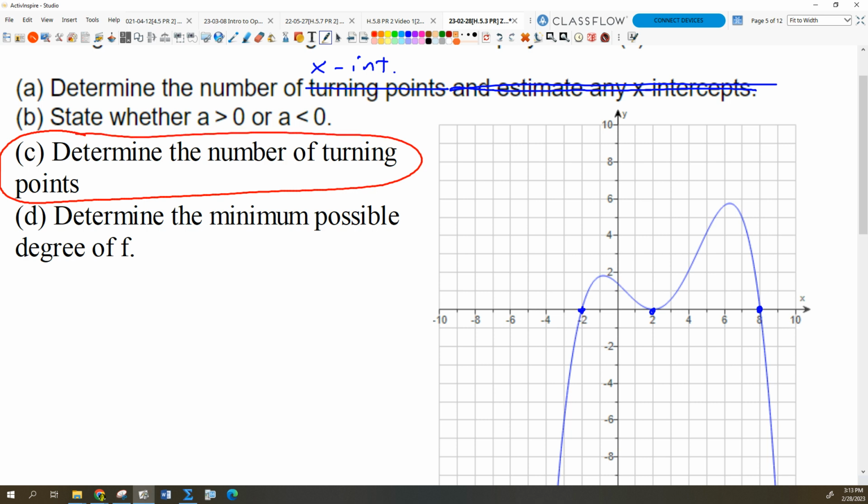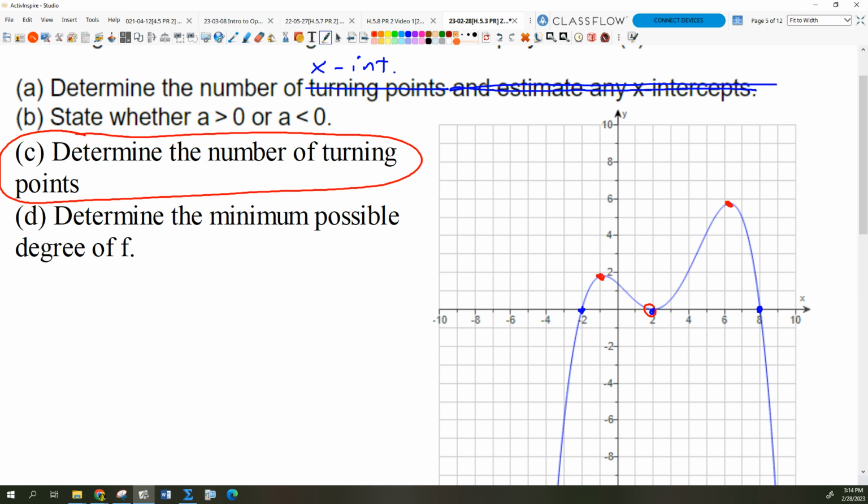What's the number of turning points? Show them with your fingers. Wouldn't you agree there's 3 peaks and valleys? There's a peak, there's a valley, and there's a peak. Okay, agreed?